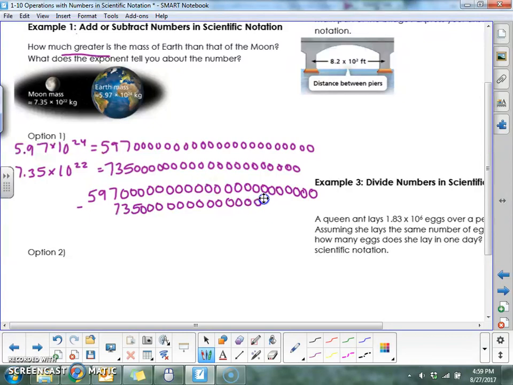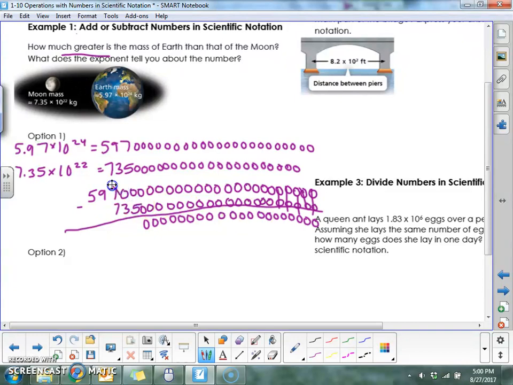And you can already tell that this method here is going to be very inefficient, so I'm going to show you a different way that you can do this next that might take out some of this time. So when you subtract up to this point, zeros minus 0 is 0.